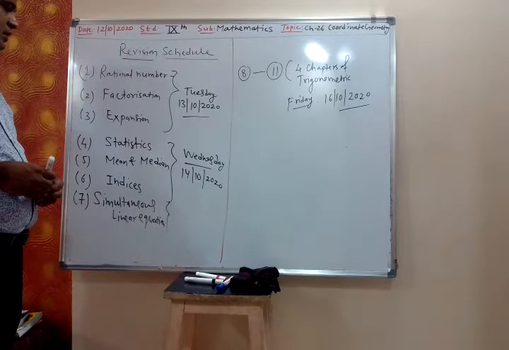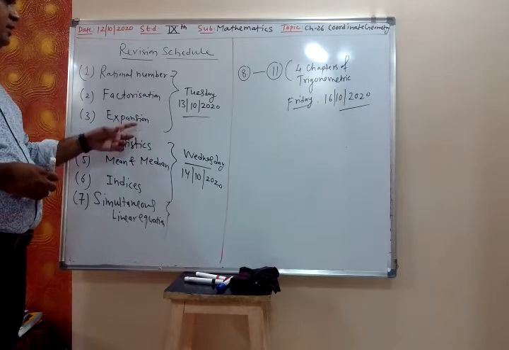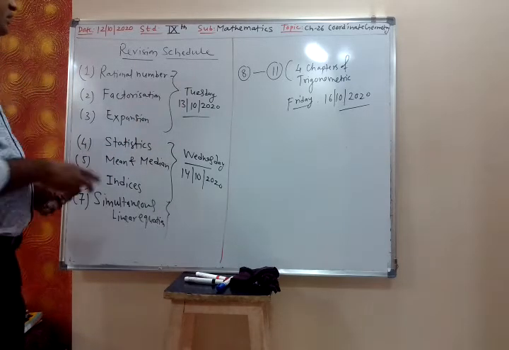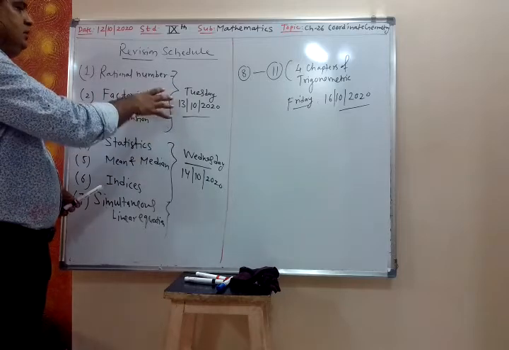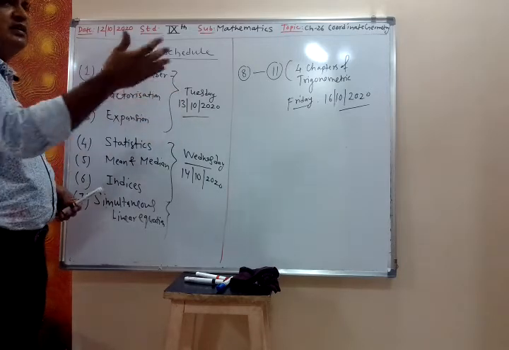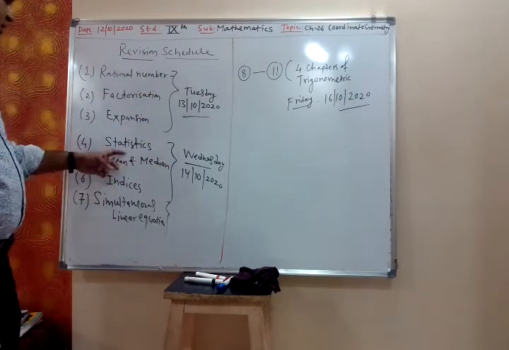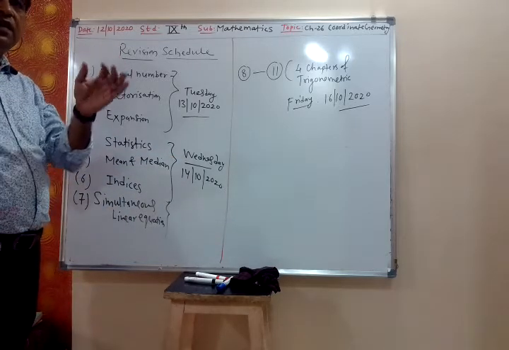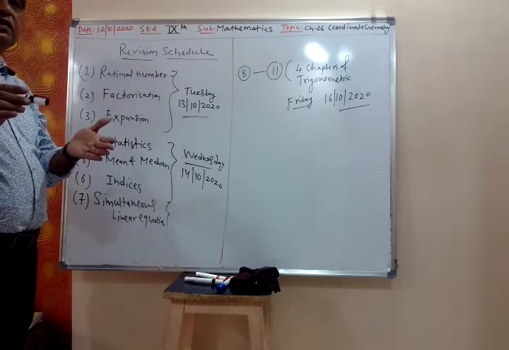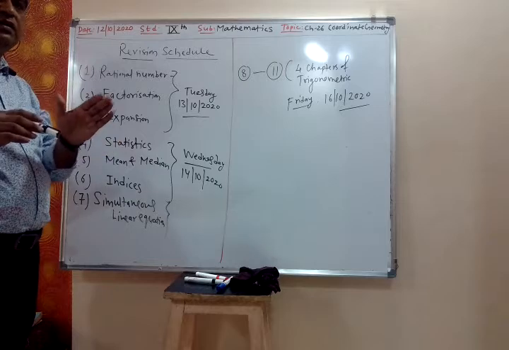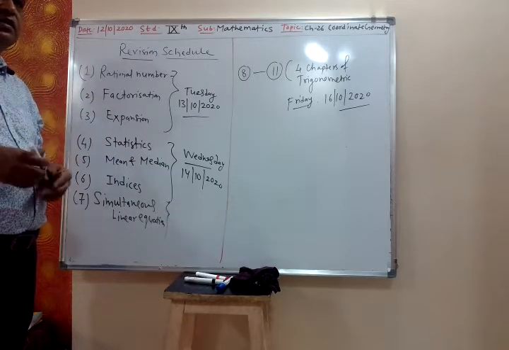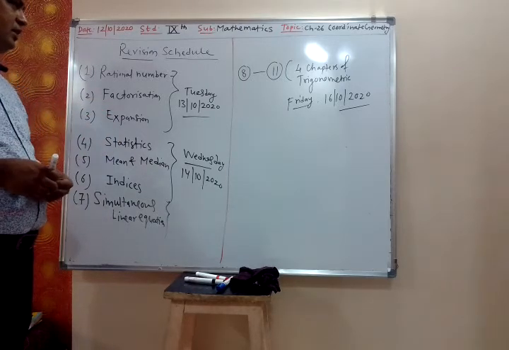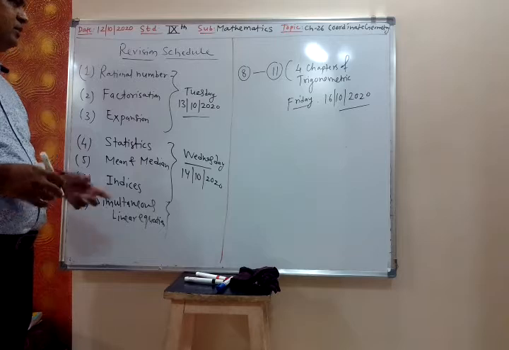So these 3 chapters revised. Tomorrow we'll clear the doubt session. Then this 4th chapter revise. See what is important: while doing the revision, whichever doubt you have, write it on paper, so that there should not be any confusion. One by one we will clear the doubts.